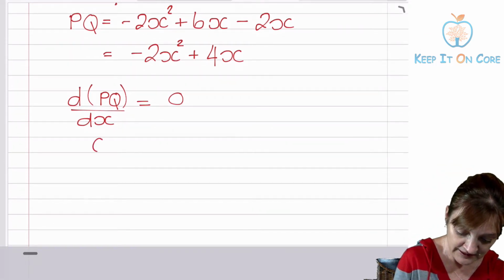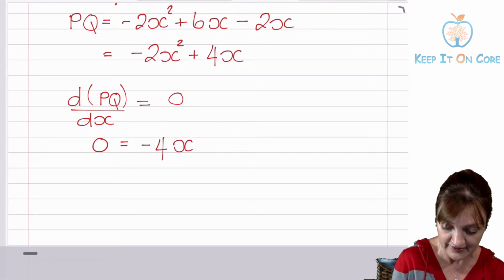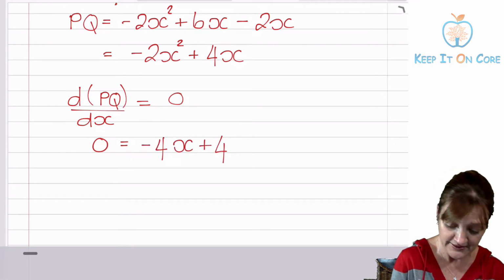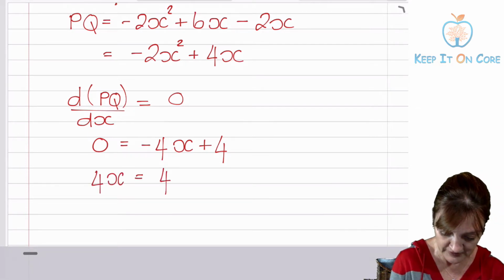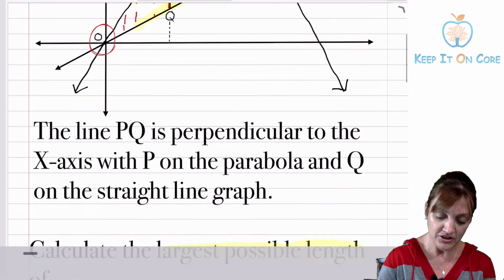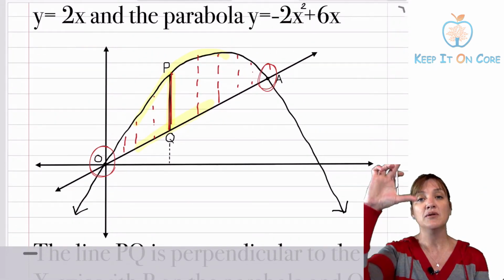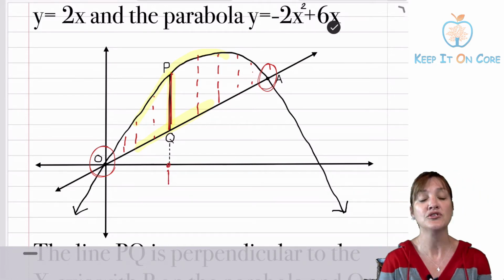So what have we got? The derivative is negative 4x plus 4. Let's move negative 4x over, in which case it becomes positive 4x equals 4, and x equals 1. So the point at which PQ is at its longest is where x is equal to 1.